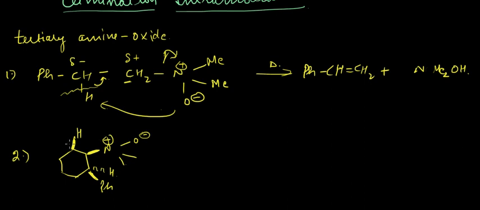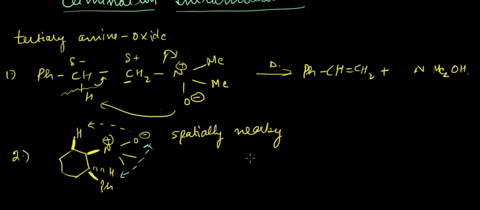So as you can see, as the H and the NMe2O minus group are coming out of the plane, they both are spatially nearer to each other, rather than this O minus and this H, which are on two opposite sides of a plane, right?